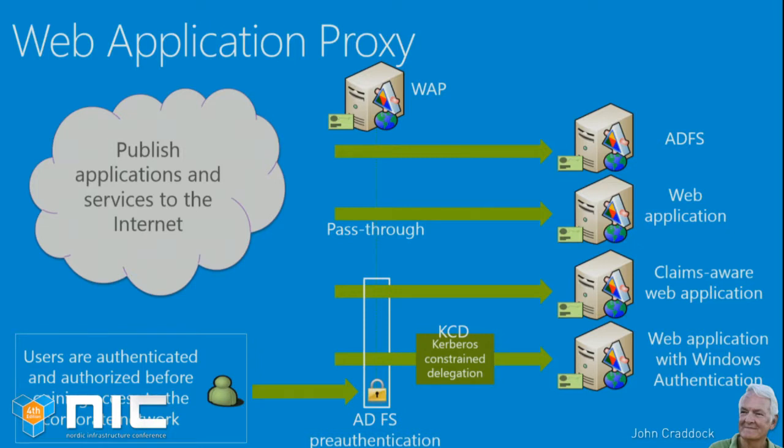The caveat is that your proxy will need to be domain joined. For all other interaction, it doesn't need to be domain joined, because it authenticates against the ADFS server using the certificate. But if you're going to use Kerberos constrained delegation, then it must be domain joined.